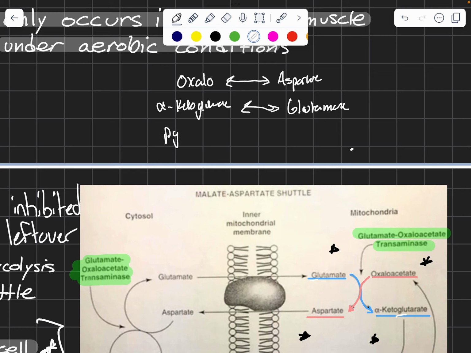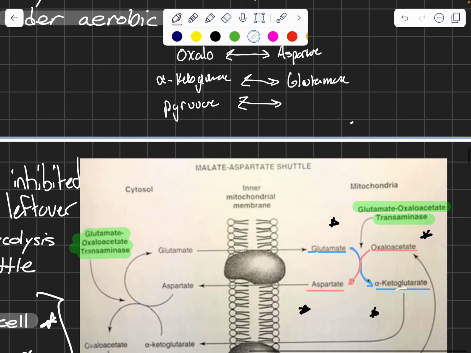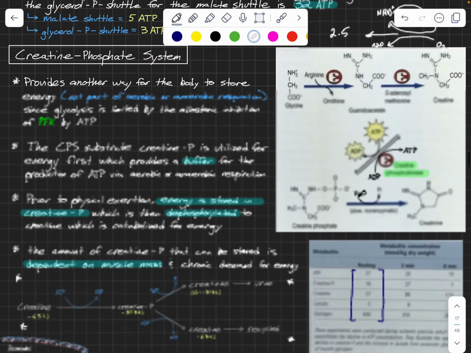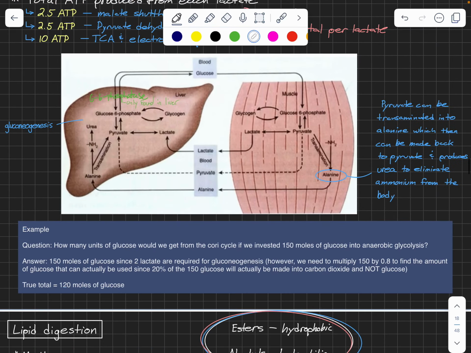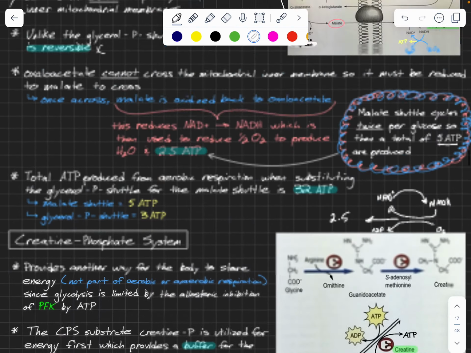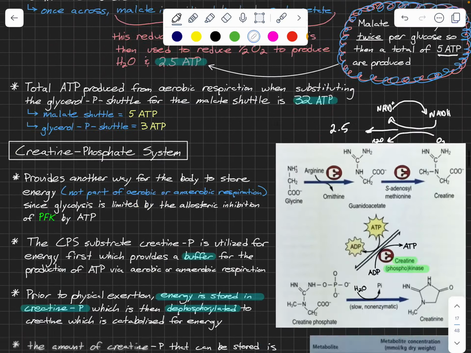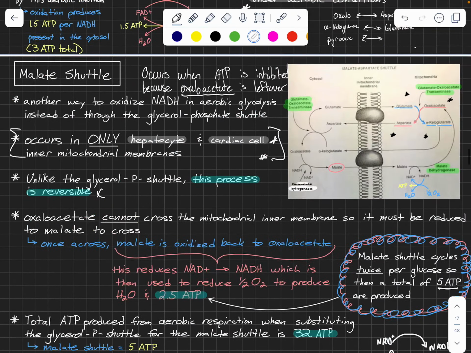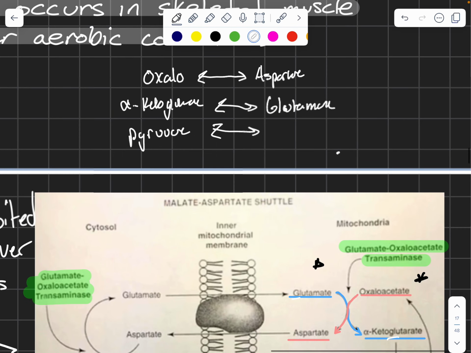Then we also have pyruvate, and this is more seen down in the Cori cycle, which is right here. And we can see pyruvate goes through a transamination reaction and it transforms into alanine. So pyruvate can be associated with alanine. Where was this? Pyruvate right here.